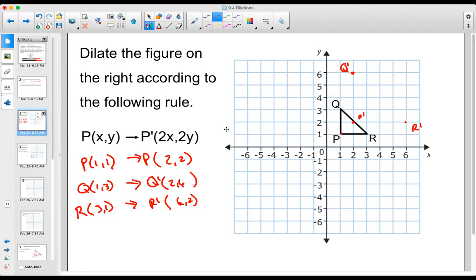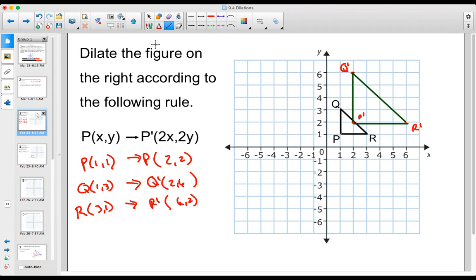Now, if we connect our dots, there is our new triangle, which is an enlargement of our original one. It's about twice as big. That makes sense because it has a scale factor of 2.